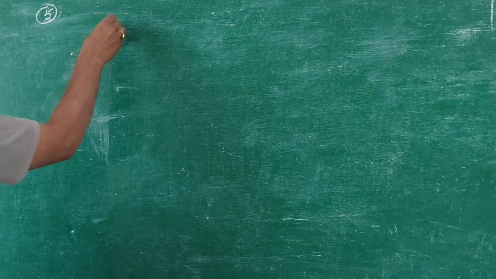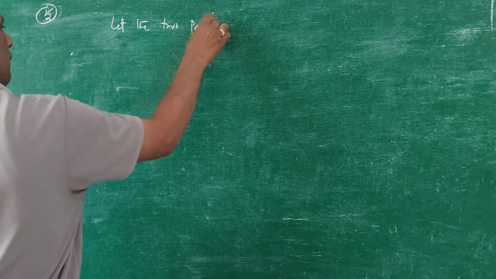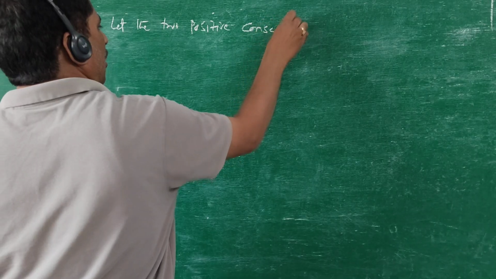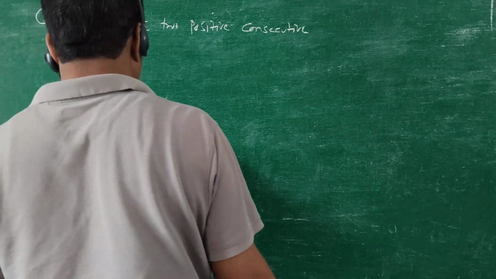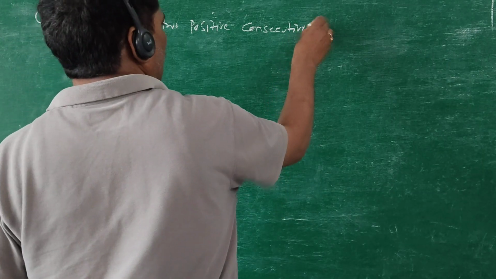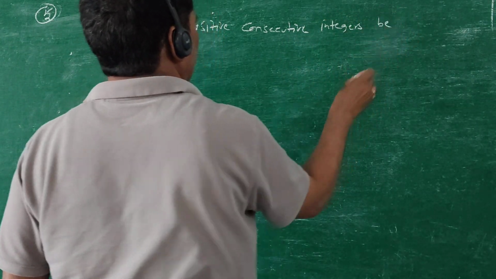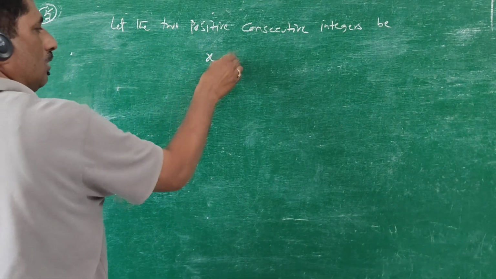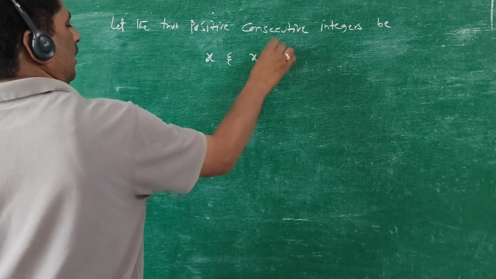Let the two positive consecutive integers be, if one number I take as x, then the other will be x plus 1.